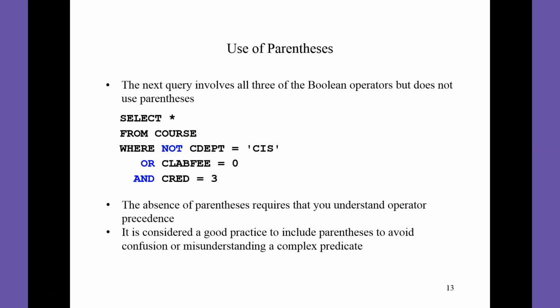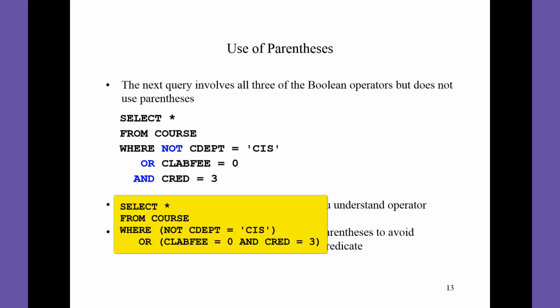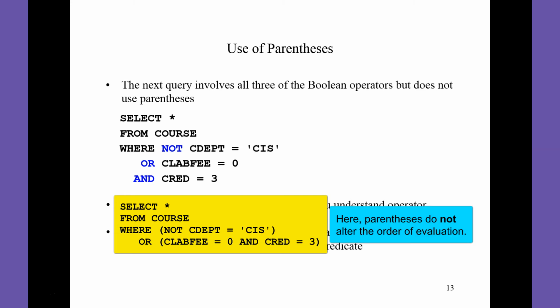This query could be rewritten with parentheses by enclosing the first condition to emphasize that we want the system to evaluate the not condition first. In this case, the parentheses serve to make explicit the order of evaluation. This may help to avoid logical errors, or what we might call an almost correct SQL query.